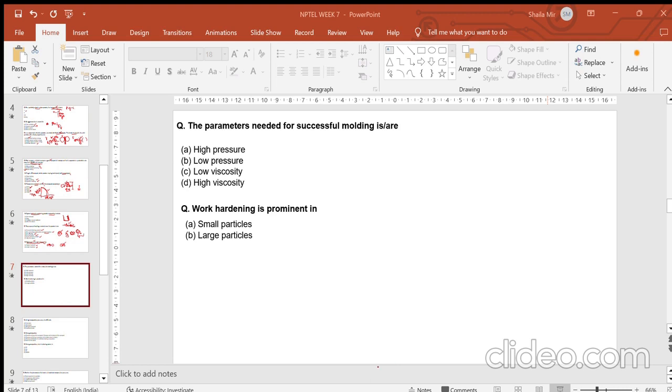This is 9.8 divided by the radius of your ball mill.